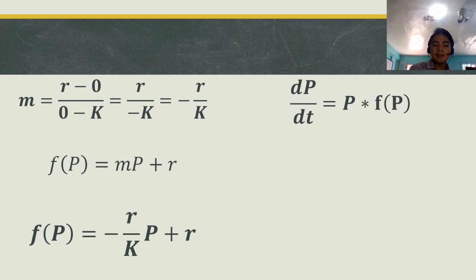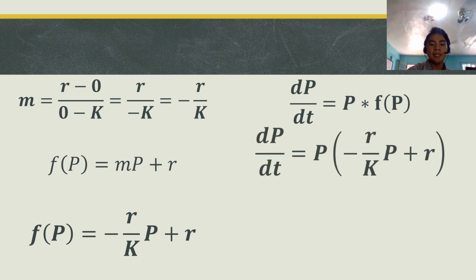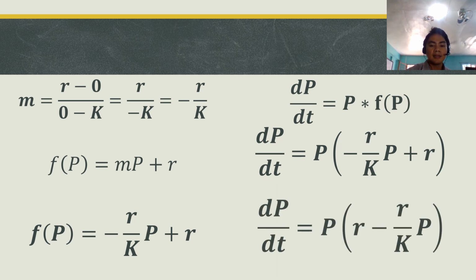Now we substitute the value of f of P into the differential equation, so dP over dt is equal to P times f of P, or negative r over K times P plus r.